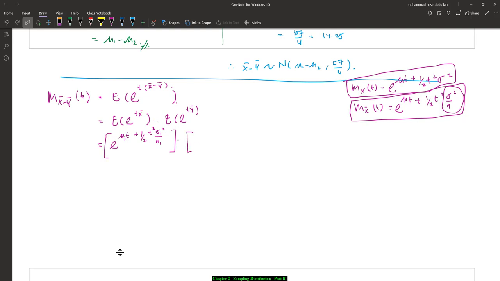Multiply with the second part, exponential mu 2 t plus 1 over 2 t squared sigma 2 squared over n2. So kalau kita, this is plus, right? This is plus, this is t.